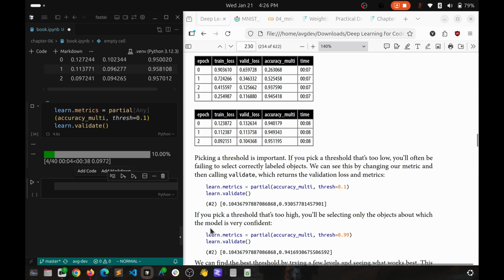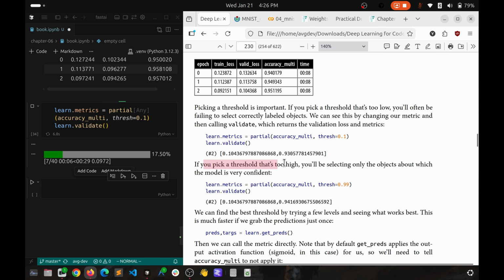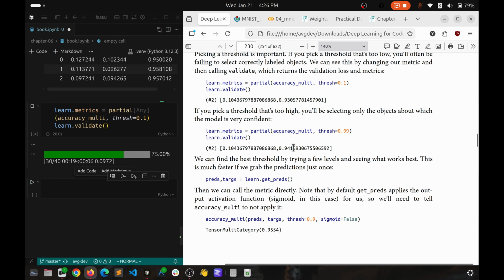Yes, it just ends up being less accurate. If you pick a threshold that's too high, you'll only be selecting the objects about which the model is very confident. Okay, so it's about the same.